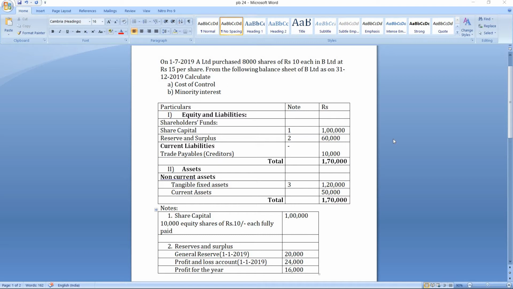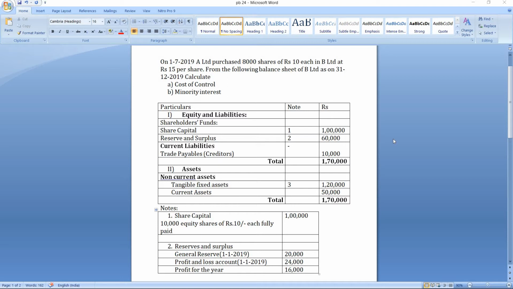On 1st July 2019, A Limited purchased 8,000 shares of rupees 10 each in B Limited at rupees 15 per share. So here A Limited is purchasing shares in B Limited. So A Limited is the holding company and B Limited is the subsidiary company.